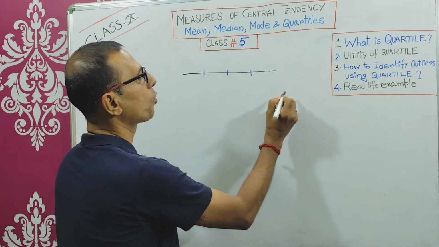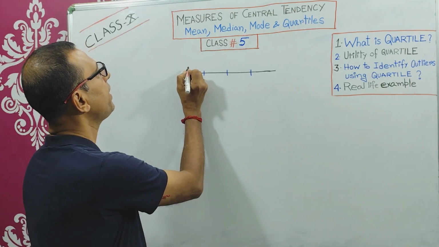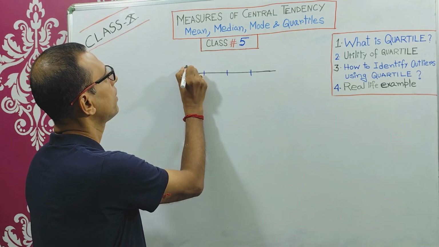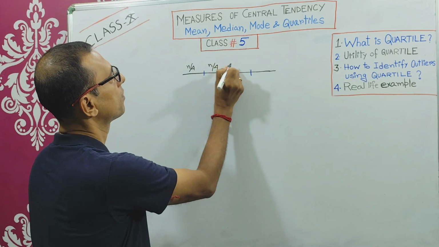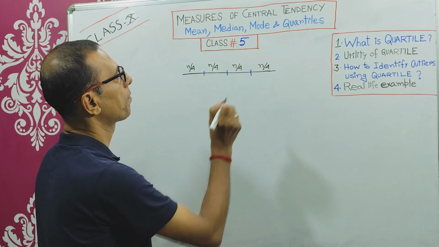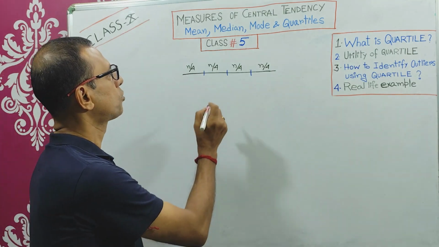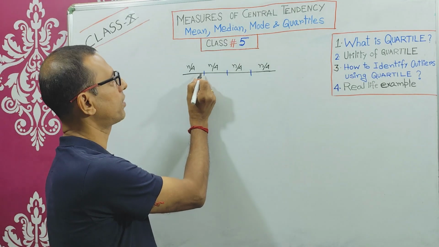So let's say the total number of observations is n, in that case each part will have n by 4 observations. Right? So this is n by 4, the end of the first quarter.